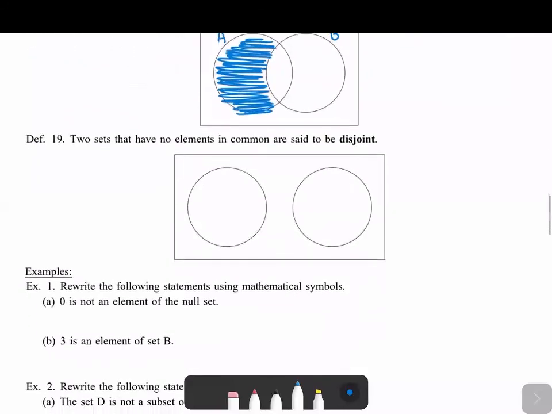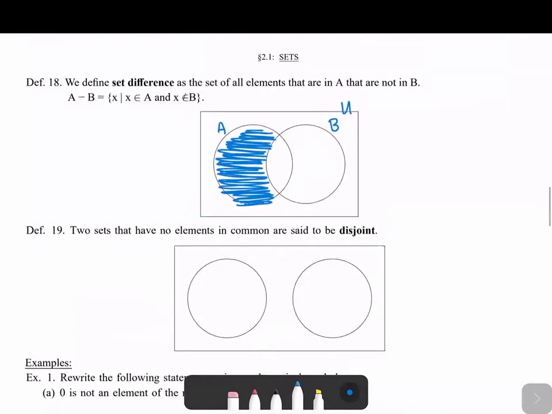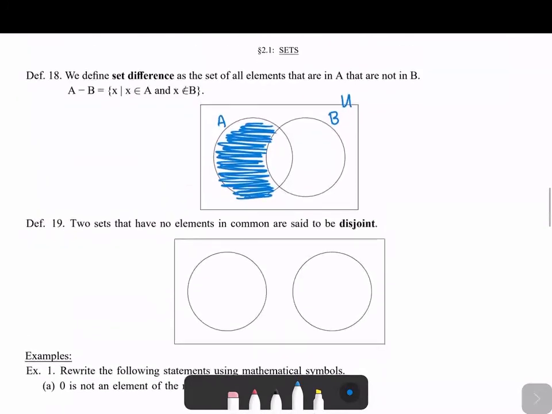Okay, so one last thing is sets being disjoint. Two sets are disjoint if they have nothing in common. Compared to all of these other diagrams we've had above, this one doesn't have anything in the overlap of those two circles. So if we have our universe, we can have A and B, and there's nothing in their intersection, right?